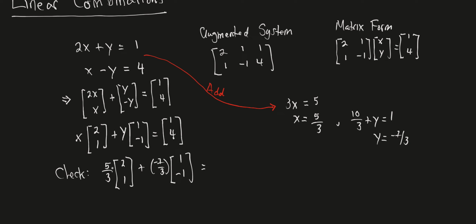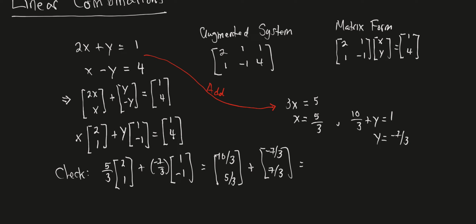So distribute the 5/3, that gives us 10/3 and 5/3 for the first vector. Distribute the negative 7/3, and what do we get? That's going to give us a negative 7/3 and then a positive 7/3.